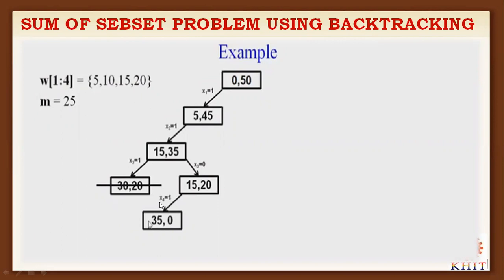Let me tell you, first item x1 is selected, weight is 5. x2 item is selected, weight is 10 here. x3 item is not selected, x3 equal to 0. And x4 item is selected. When these three items are selected, what is the sum? 5 plus 10 plus 20, 35.